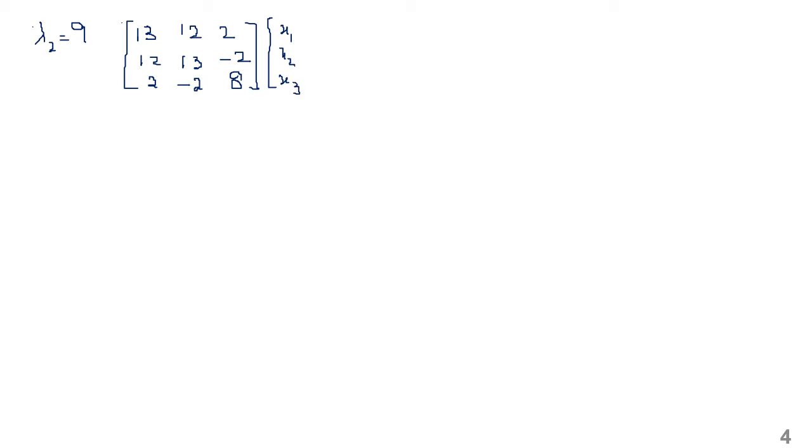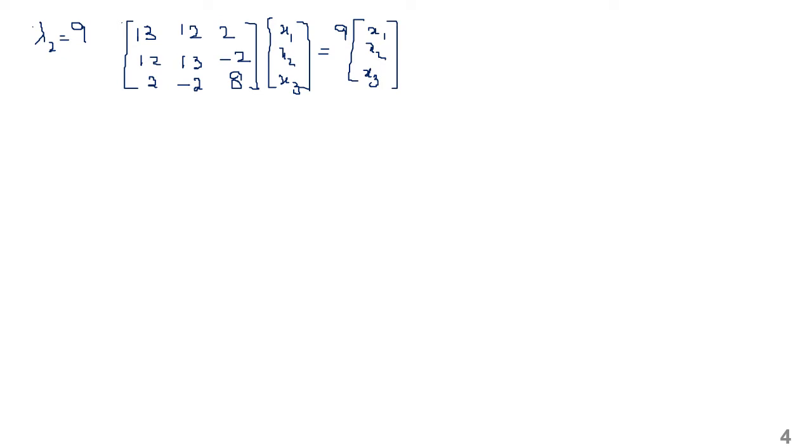We'll try to find the eigenvector corresponding to lambda 2 is equal to 9. So we have here B matrix, which is given by 13, 12, 2, 12, 13, minus 2, 2, minus 2, 8, multiplied by x1, x2, x3, and 9 multiplied by x1, x2, x3.